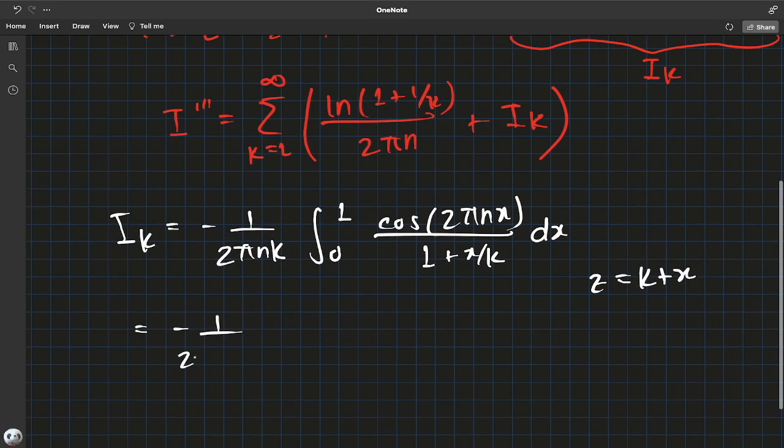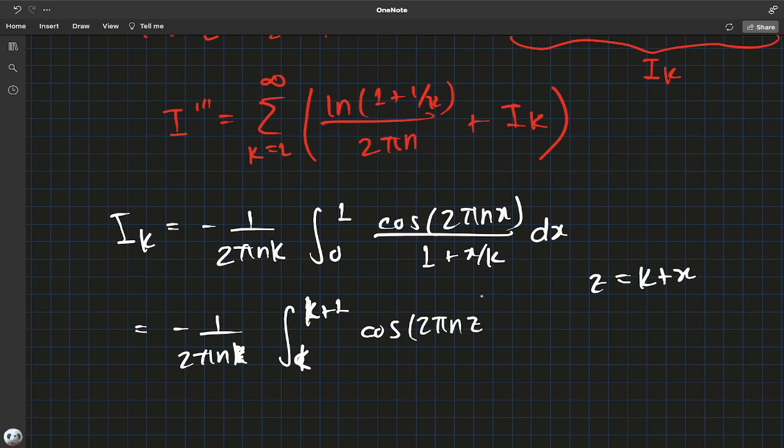Notice you have 1 over 2 pi n; we can actually use the k in the denominator. So this is going to be from k now to k plus 1, according to our substitution. Again, pause the video if you don't believe me.